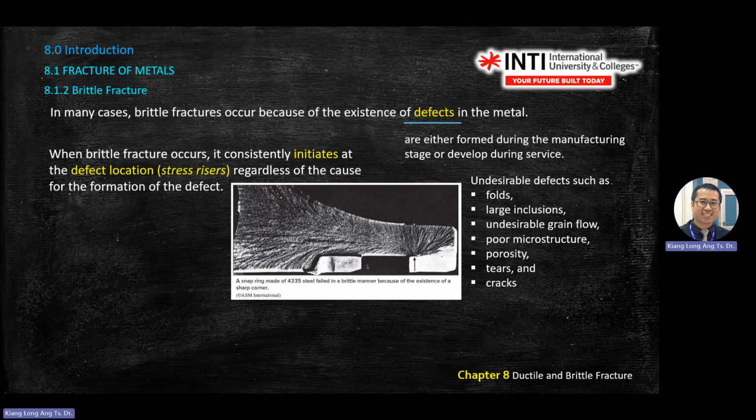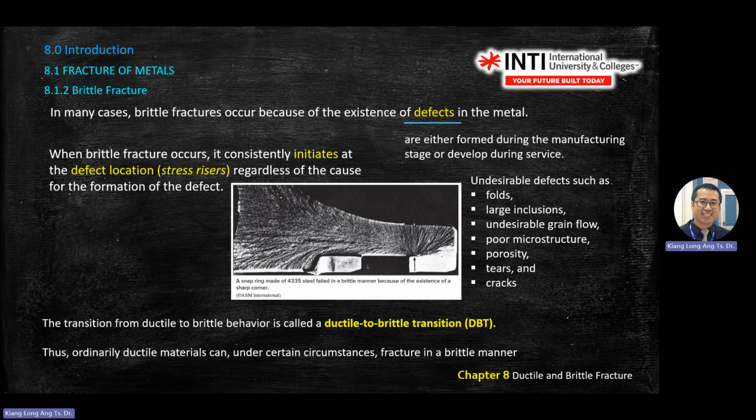These sharp corners, it will start from here, and then spread into a crack. Then the whole thing snaps. It takes experience to detect where it fails. The transition from ductile to brittle behavior is called DBT, ductile to brittle transition.